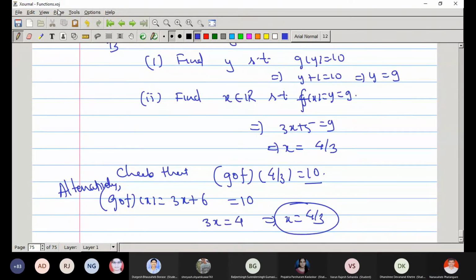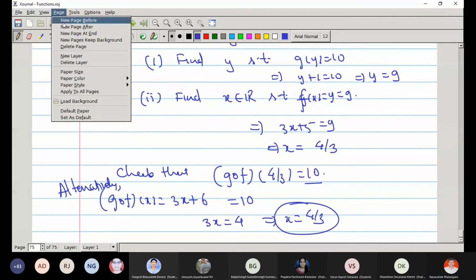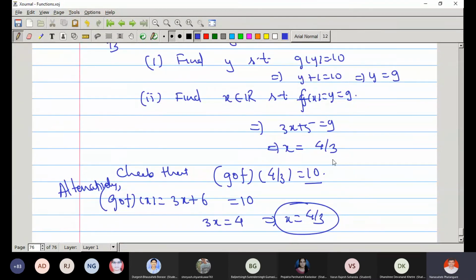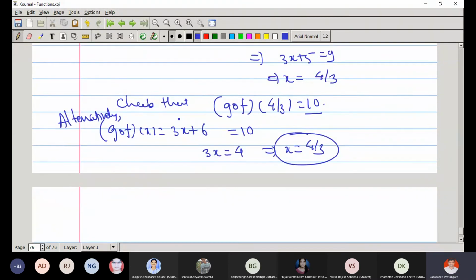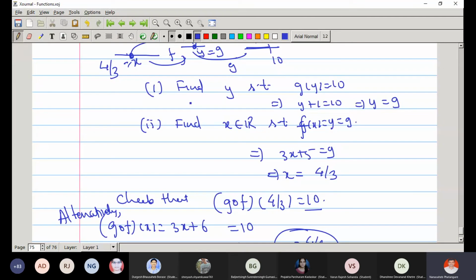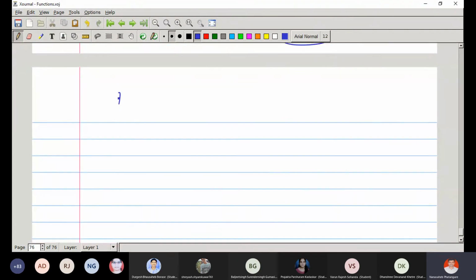Further, can we define f composite g in these two particular functions? Can we define f composite g? Yes, because here the domains and codomains are the same. So what is it? F of g of x.